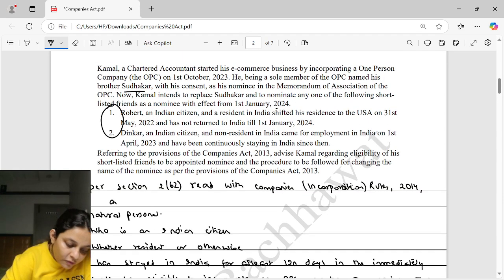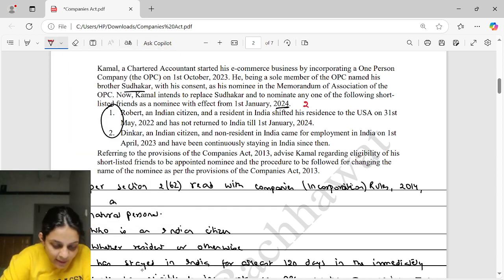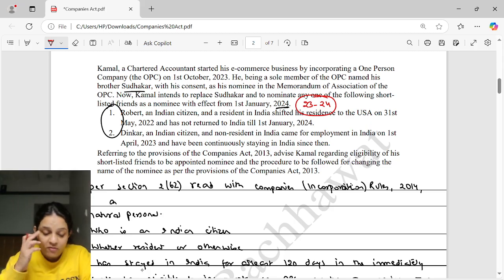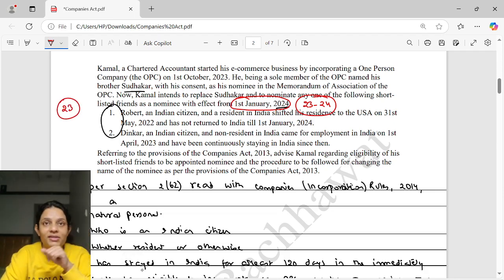Now, with effect from 2024, that means 23-24, he wants to appoint for the financial year 23-24. Now see, they have used 1st Jan 24 and you will get confused here. Oh, 1st Jan 24. That means in 23 you have to see the residential status.